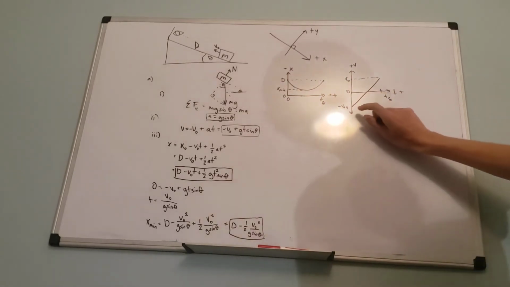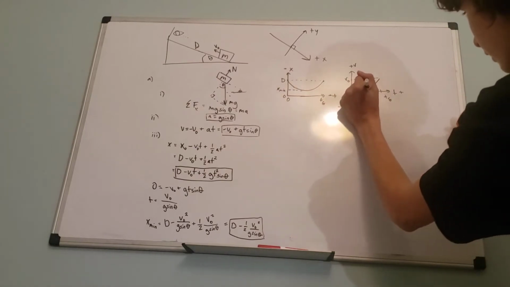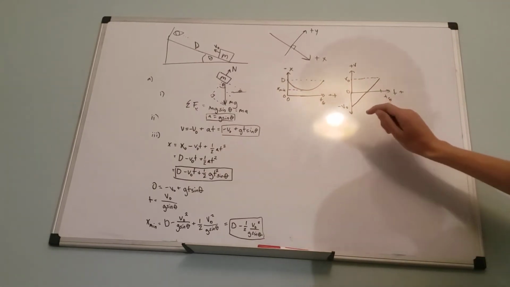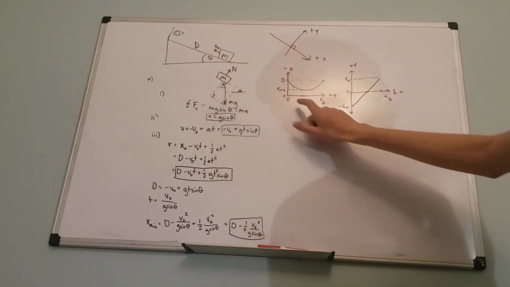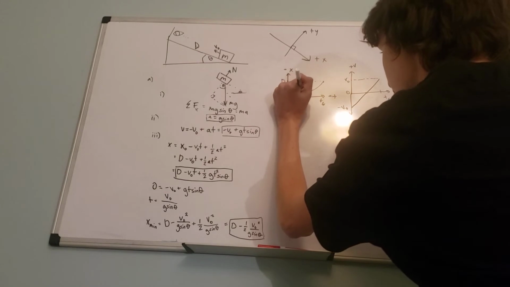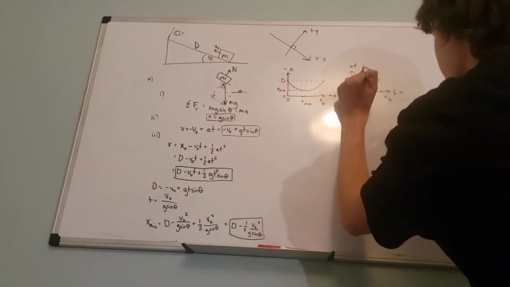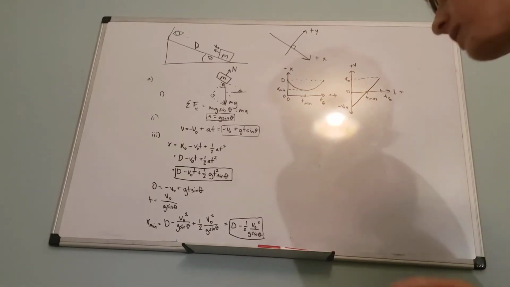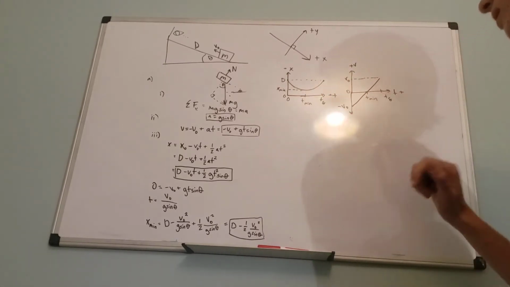Just a note, so here, when the velocity is 0, that's when it reaches its peak, and that's the same as when it's at x min. So I'm going to label this minimum time, just to clarify that these times are the same.